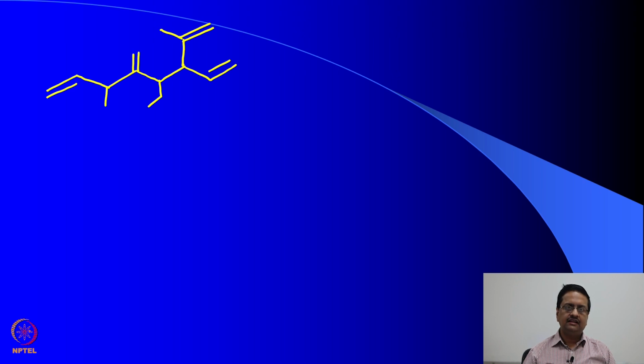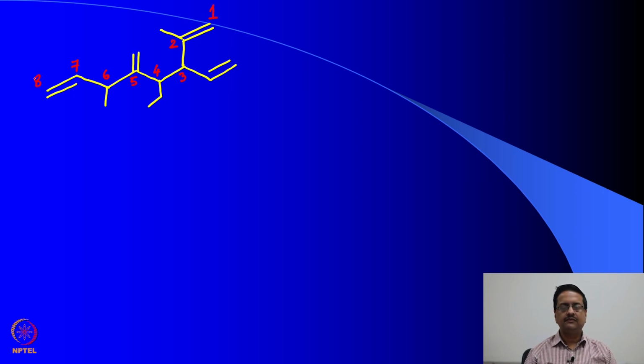So, considering all those points, you will understand very easily that the numbering should start from this carbon atom at the top right hand corner. So, we should number it like 1, 2, 3, 4, 5, 6, 7 and 8.